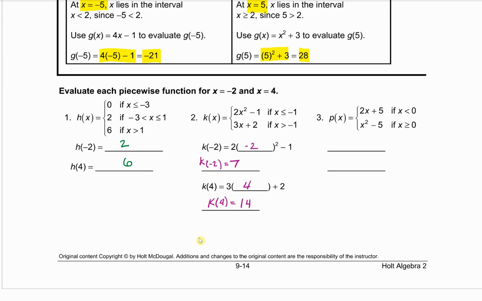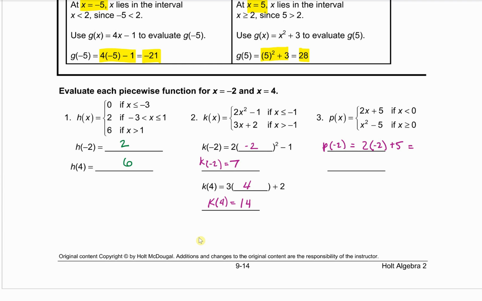Then we got p of x. 2x plus 5 for x less than 0, x squared minus 5 for x greater than or equal to 0. So what would p of negative 2 be? Well, that's less than 0, so I'm going to do 2 times negative 2 plus 5.